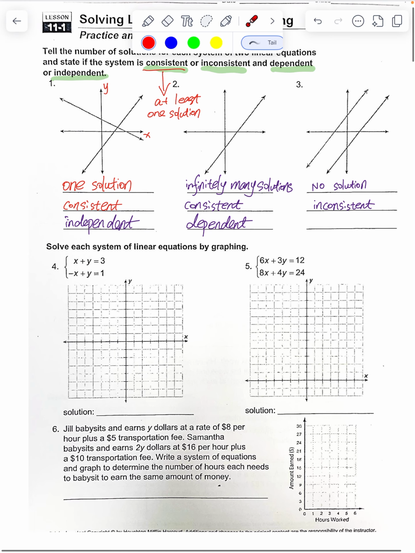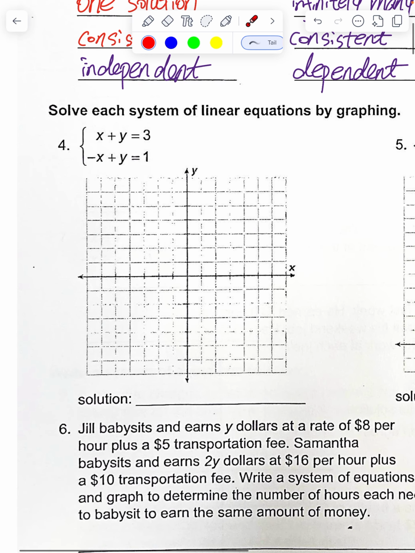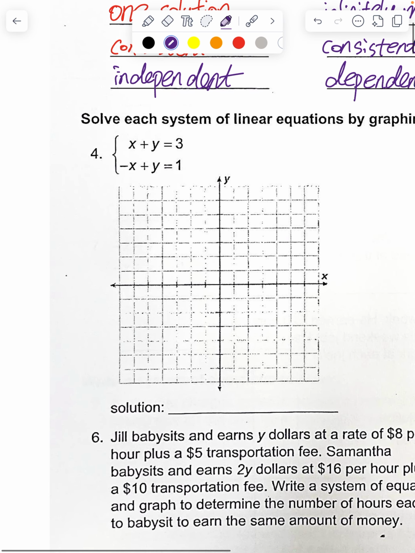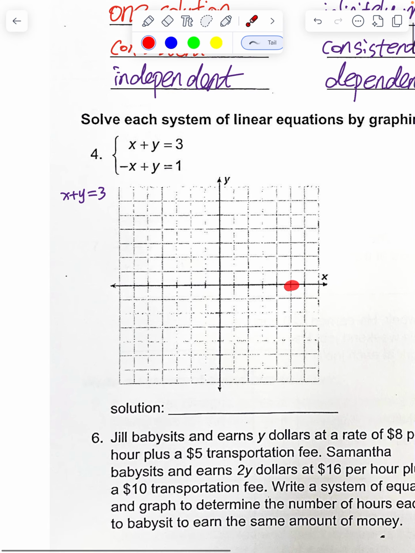Okay, number 4. We are going to solve each system of linear equations by graphing. So first, we're going to graph x plus y equal to 3. This equation is in standard form, where we can find two points, one on the x-axis and another on the y-axis. So we connect them together.